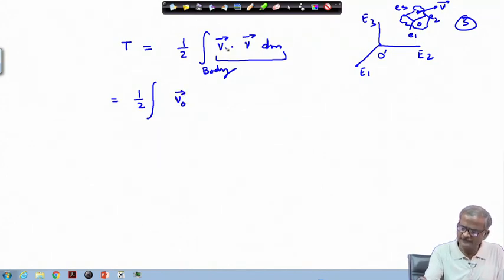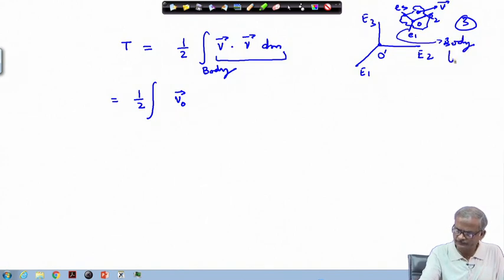Now, we can break it up. This v will be the velocity of this point O with respect to the inertial frame, and then the velocity of this particle with respect to this point O. This is the body frame we have fixed here, as previously we have done.